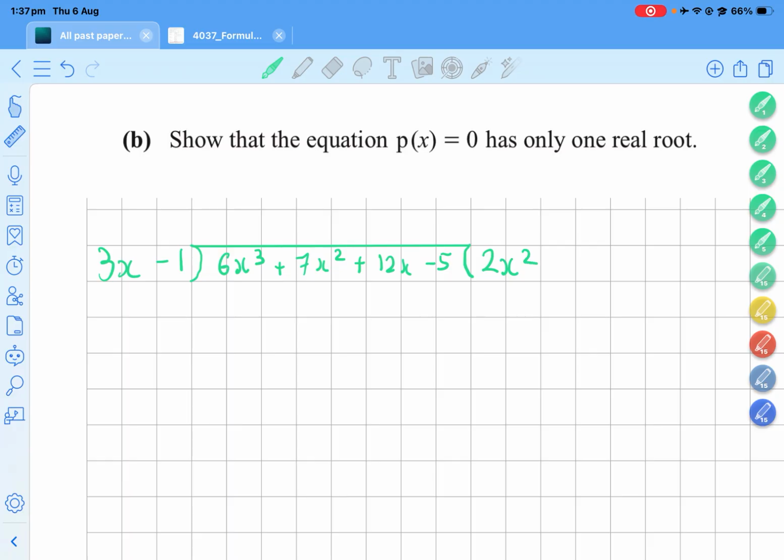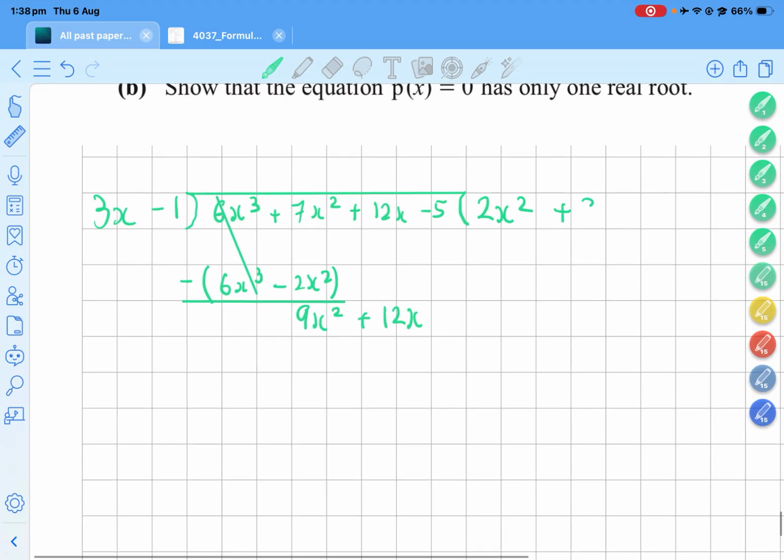So you get 2x squared, and this is 6x cubed minus 2x squared. So that's 9x squared, then 12x, so minus 9x squared, and then minus 3x.